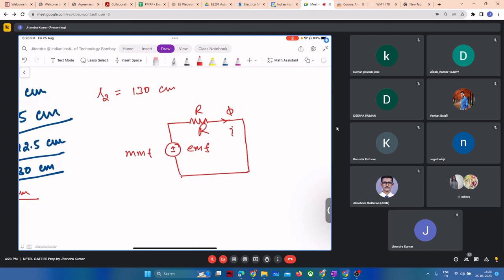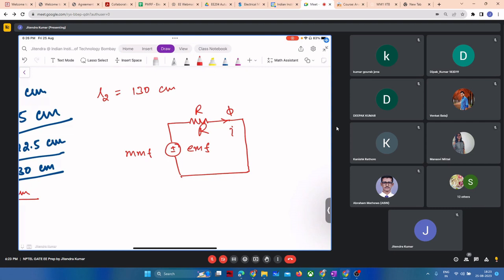So basically, the higher the reluctance of the core, the lower the flux of that machine or whatever the core is. The lower reluctance will allow a higher amount of flux through the core, but it is not as linear as an electrical circuit.